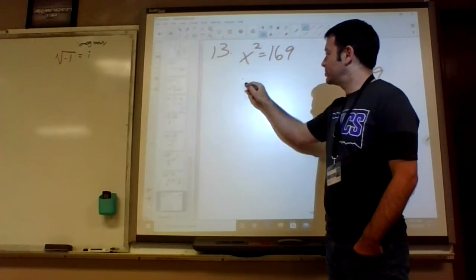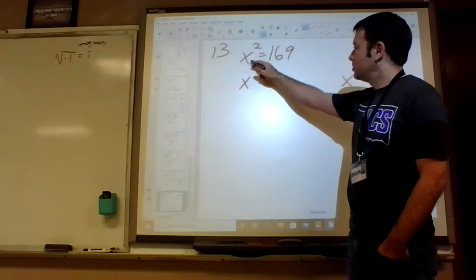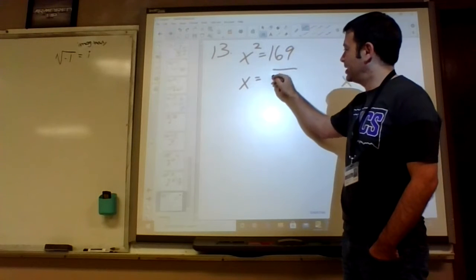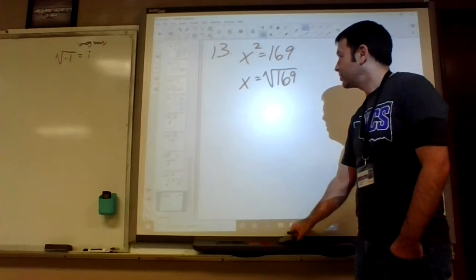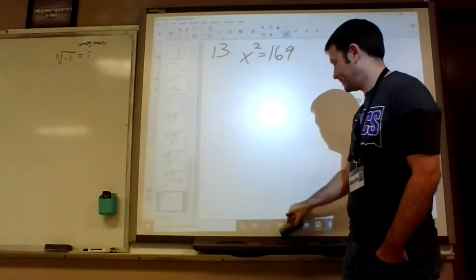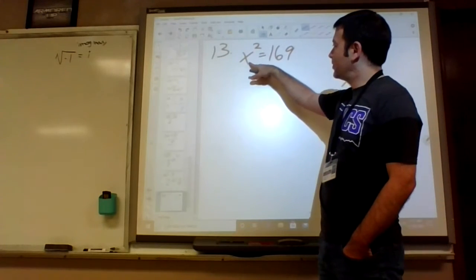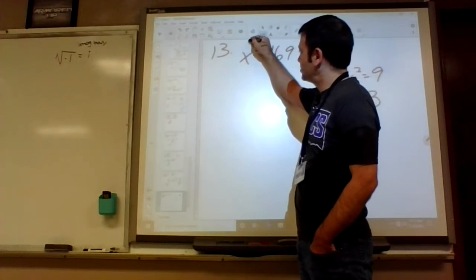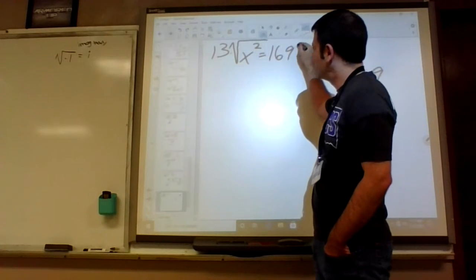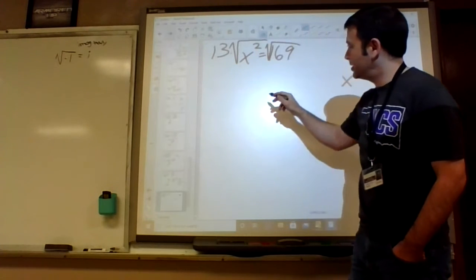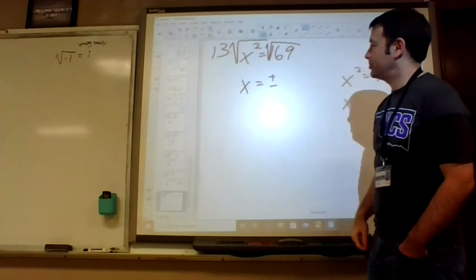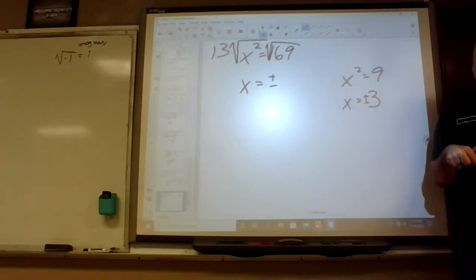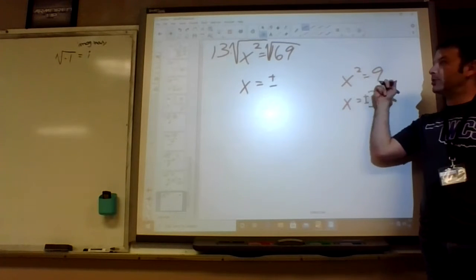So in other words, what times itself equals 169? It's like asking what's the square root of 169. Or here's another way to think about it. To solve for x and get x by itself, how do I get rid of the square? I square root it. But if you do that on one side, you do it on the other. However, you need to remember that it can also always be positive or negative when you use that trick. Because -3 works.